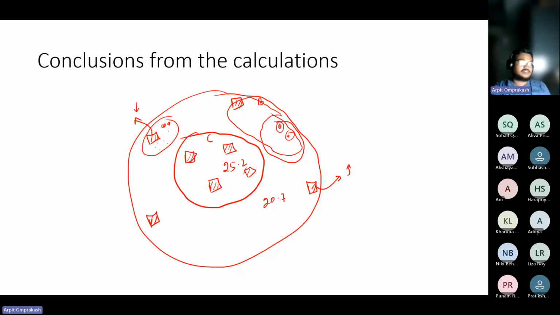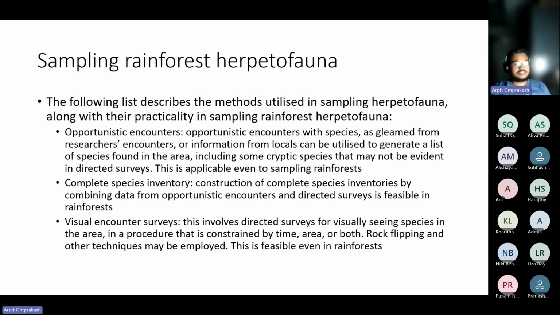So next, I'll discuss some methods that are utilized to sample herpetofauna, especially in rainforest. So we'll talk about all of them. Opportunistic encounter is basically when you're randomly going on walks and you see a species somewhere.